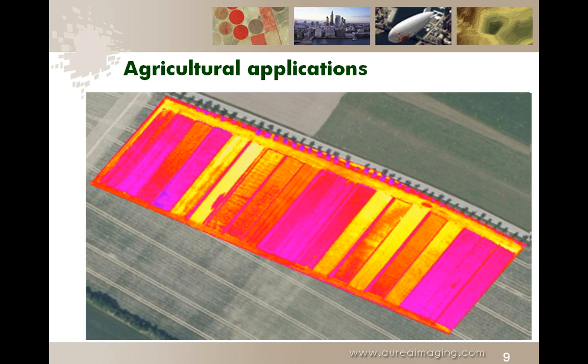This has several advantages using thermal imagery. On one side, we can detect irrigation and water stress problems. On the other side, something we want to test this year here in Argentina is detecting plagues, especially in soybean.